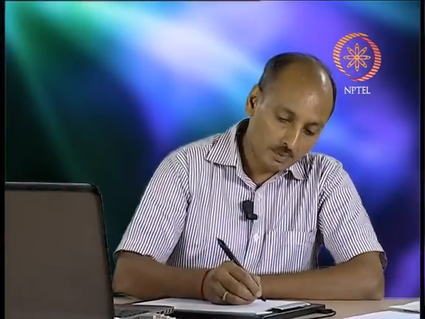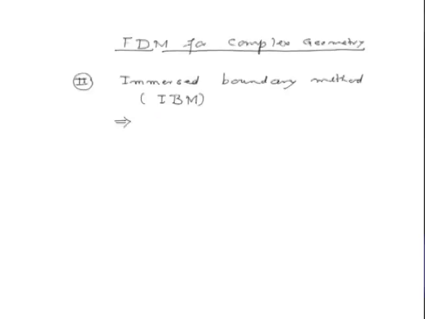So, the name itself implies what we have to do: we have to immerse our arbitrarily complex domain into a simple rectangular domain. This is based on simple Cartesian grids. So that means we do not have to use any mapping, no mapping required.